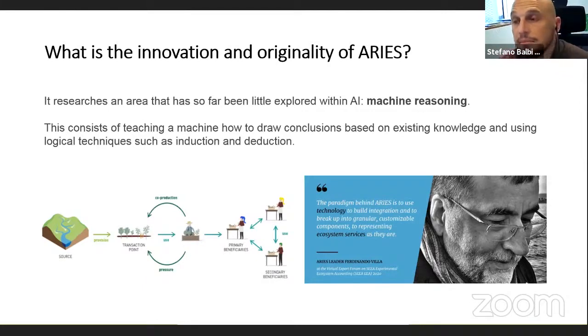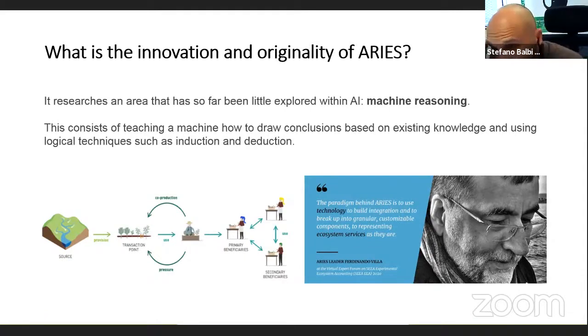And so it's the typical case where basically we need a lot of knowledge to explain a very complex phenomenon. And this knowledge is very often compartmentalized and needs to be integrated.